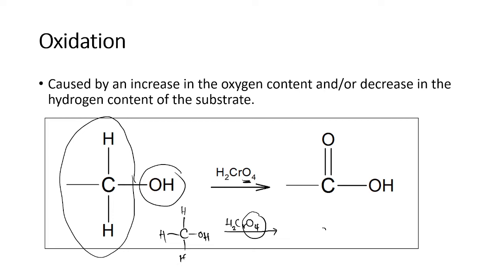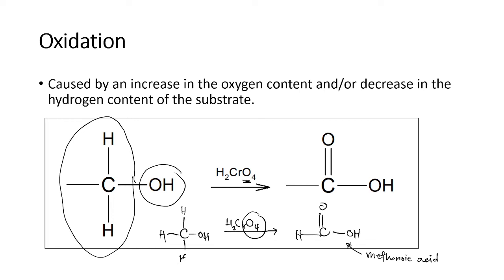Therefore, we will have here a double bond of O, and we will have here OH and another hydrogen here, therefore forming what we call methanoic acid.